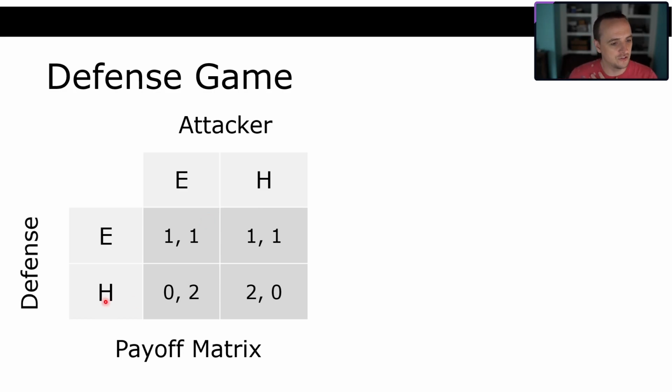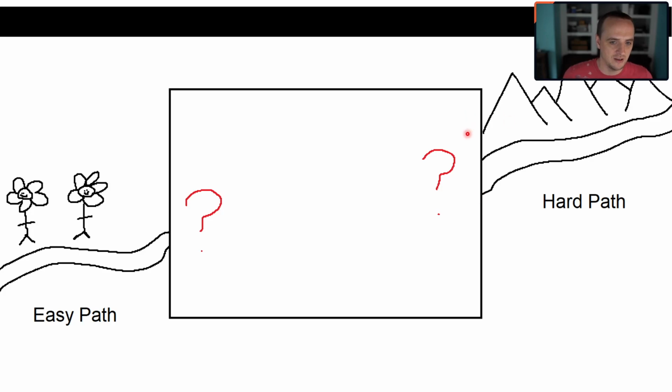Now, if I choose to defend hard as a defender, and the enemy went easy, that's the worst possible case. Because if I defend hard and they come through easy, I haven't killed any of their armies and they've made it into the base with 2 of their armies, which is brutal.